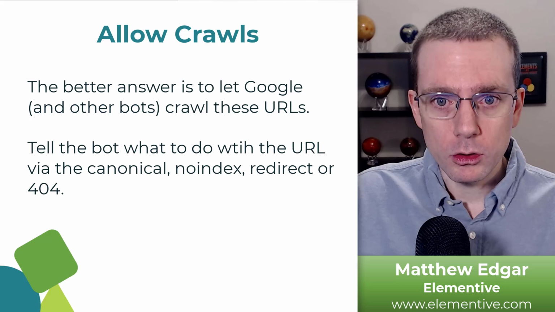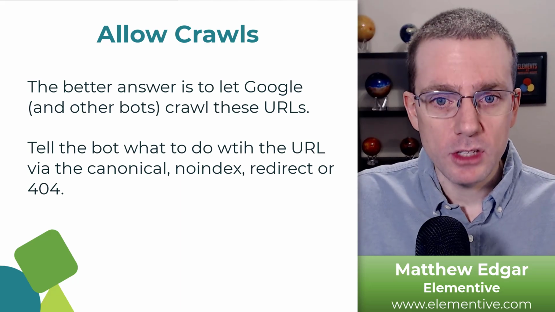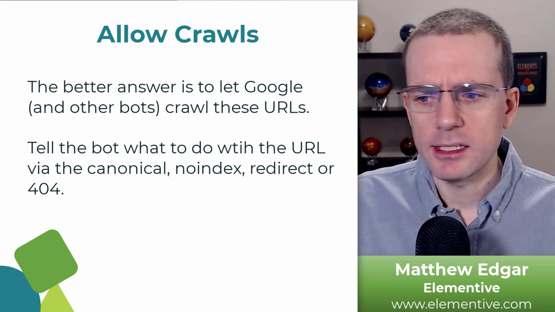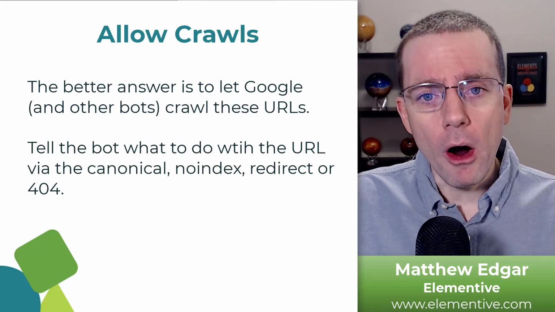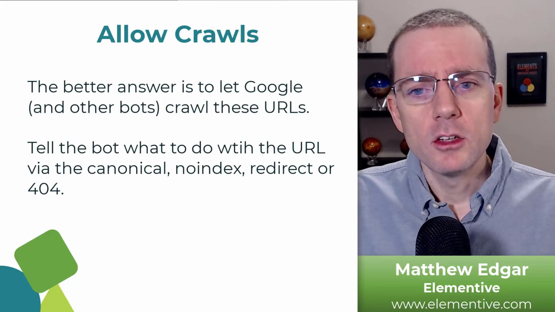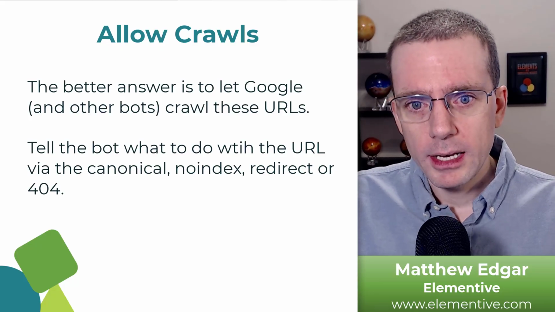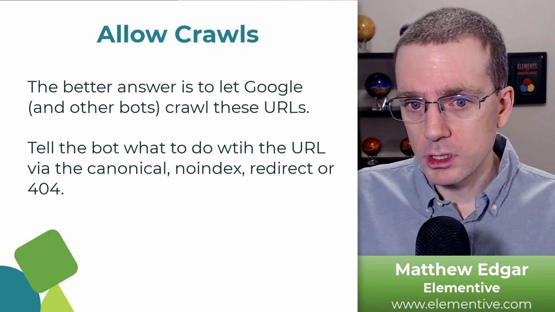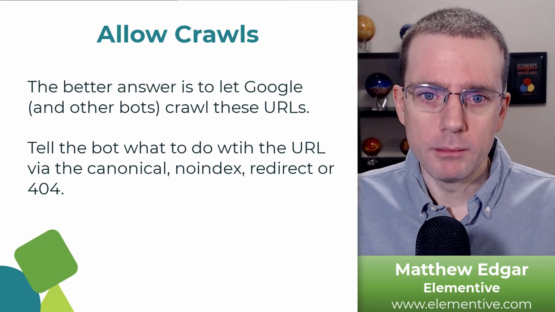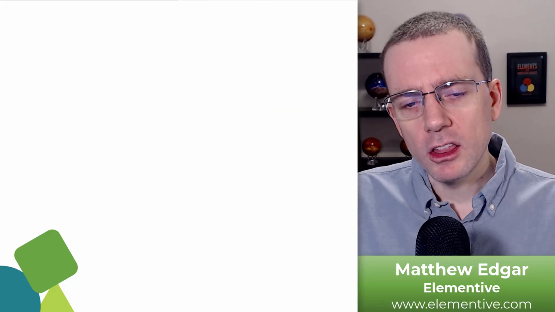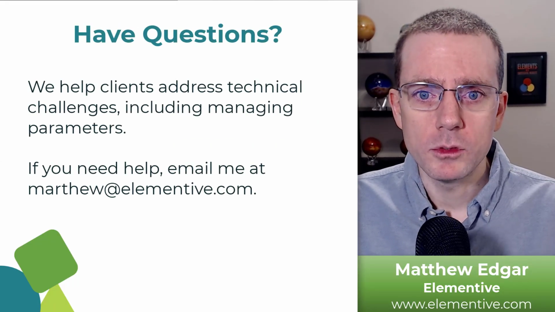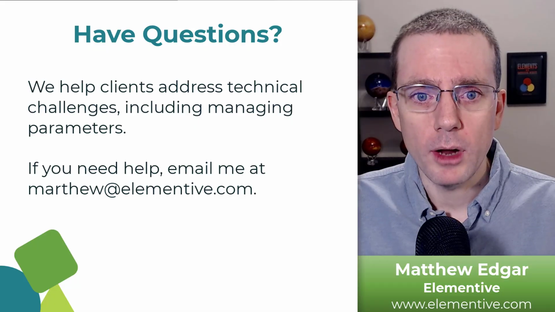By letting Google crawl the URL, Google will be able to see the canonical tag or the noindex tag or the redirect or the error message you're returning on that parameter URL. So Google actually knows what to do with it. And if you don't want them to include it in search results, they won't, based on the instructions they see during a crawl.